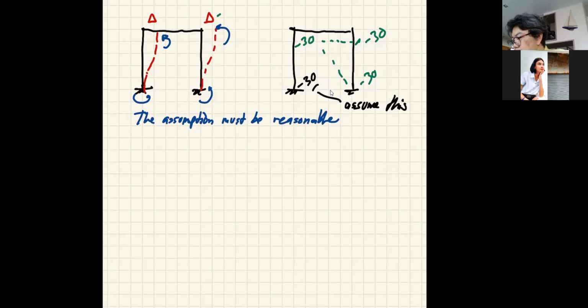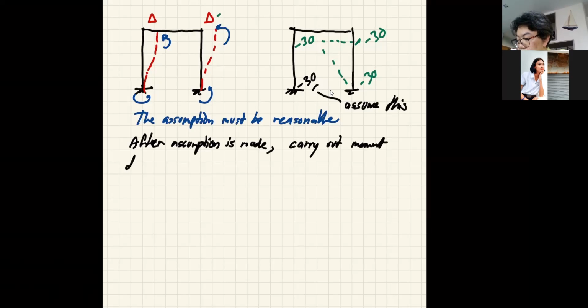So after the assumption is made, carry out moment distribution as usual. Because once you impose this minus 30 on the frame, this becomes the unbalanced moment, right?